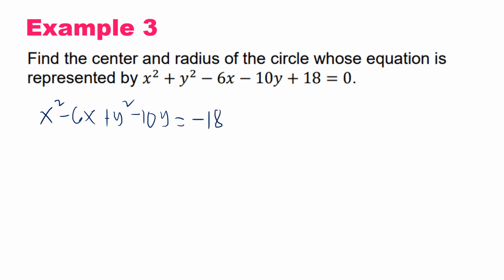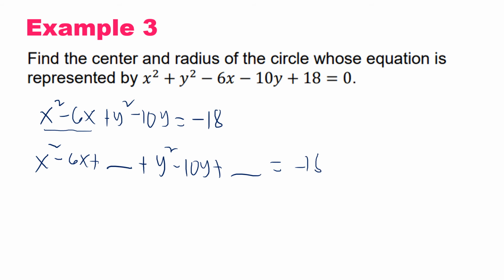So ano yung susunod natin? We are going to get the perfect square trinomial. Okay? So paano yon? X squared minus 6x plus blank plus y squared minus 10y plus blank equals negative 18. Kung ano itong inadd mong blanko na yan, ganun din ang i-add mo dito.